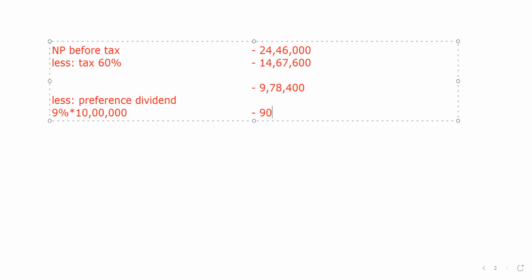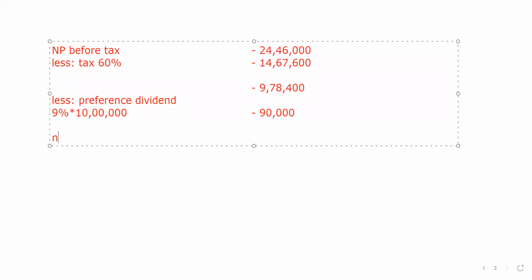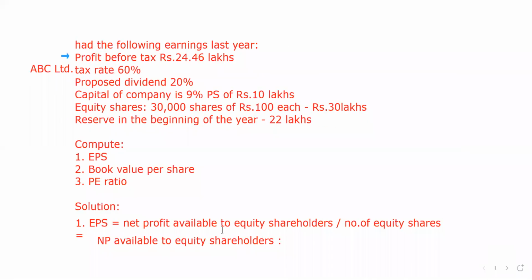It is 90,000. Okay. Now we will arrive at the net profit available to equity shareholders, which will be equal to 8,88,400. So net profit available to equity shareholders is done.